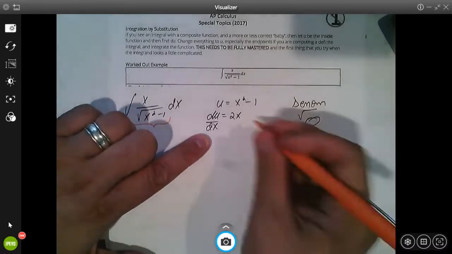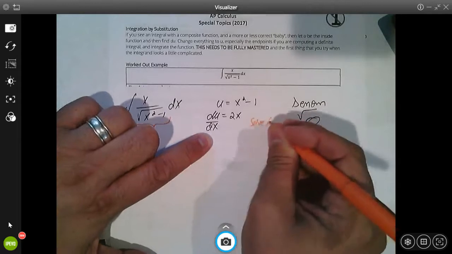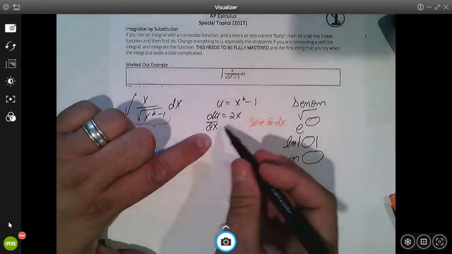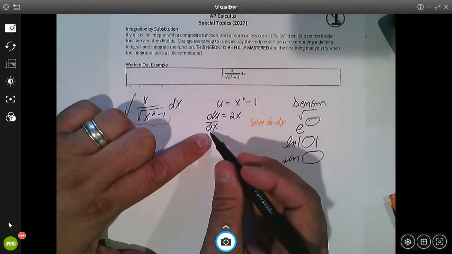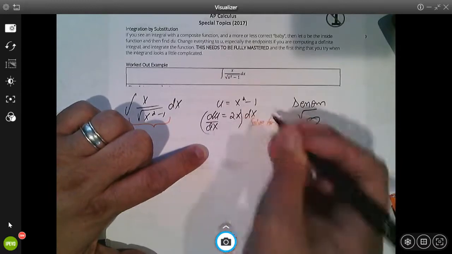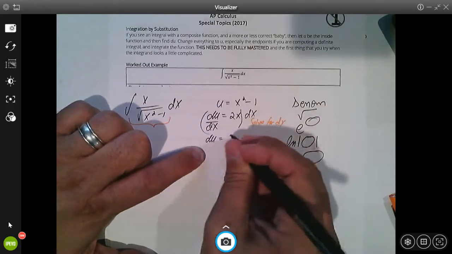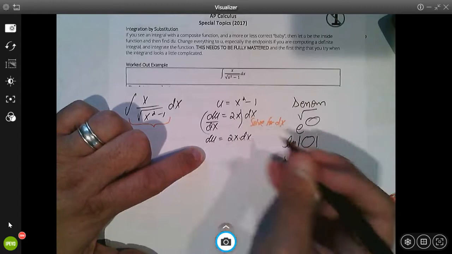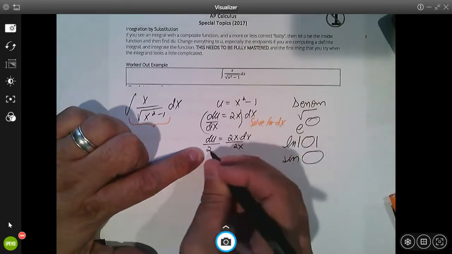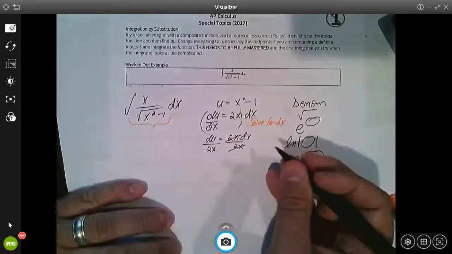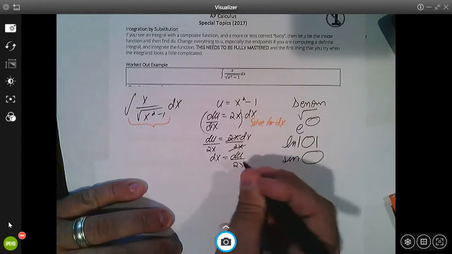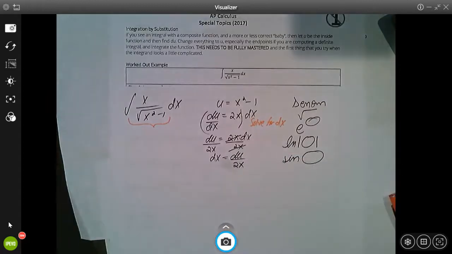The technique I showed my kids this year was to solve for dx, meaning take this equation and get dx by itself on one side. Because the dx is in the denominator, we're going to multiply both sides by dx. That means that du is 2x dx. If I divide both sides by 2x, the 2x's cancel, and we get that dx is du over 2x.